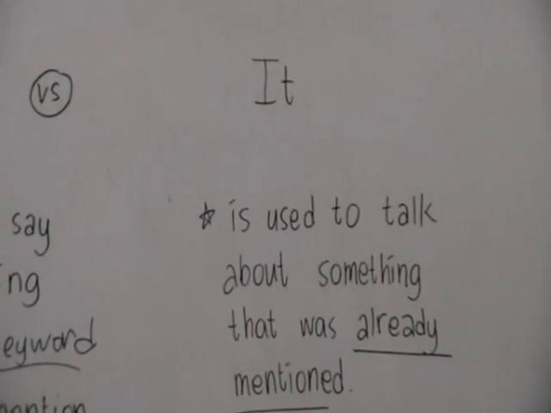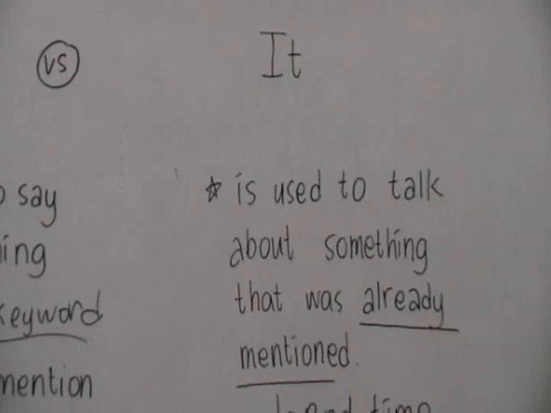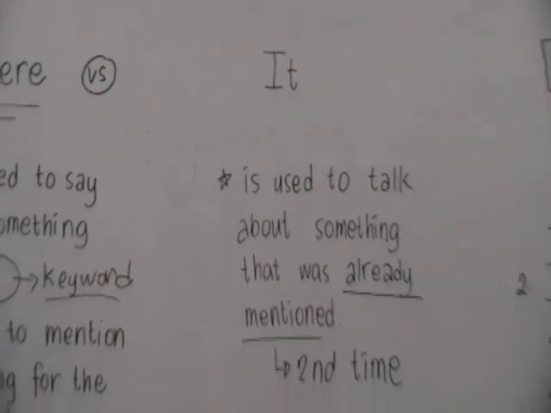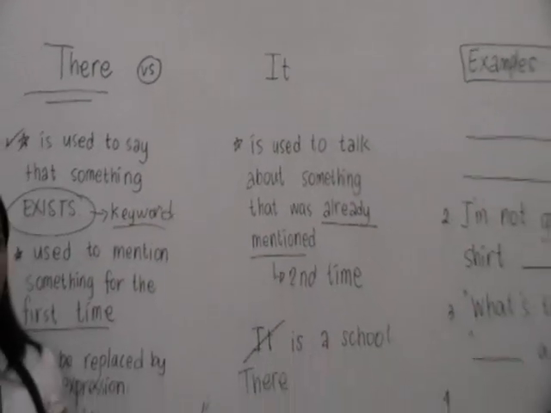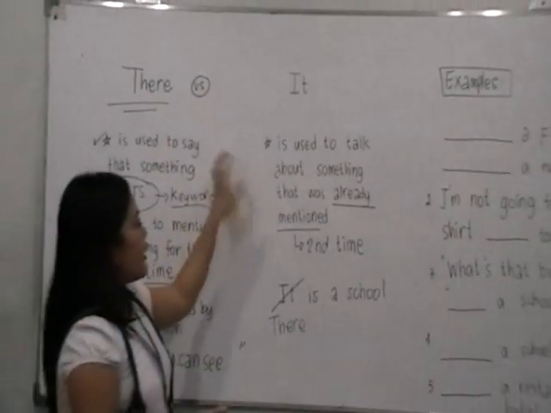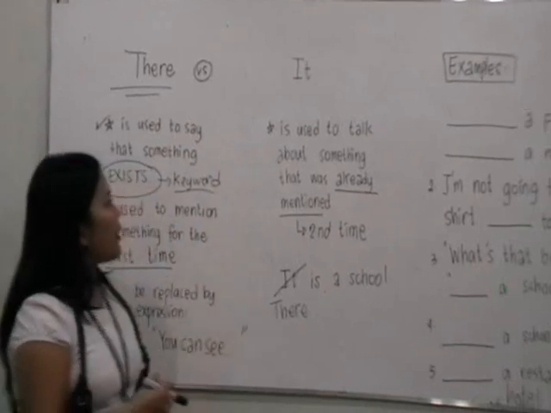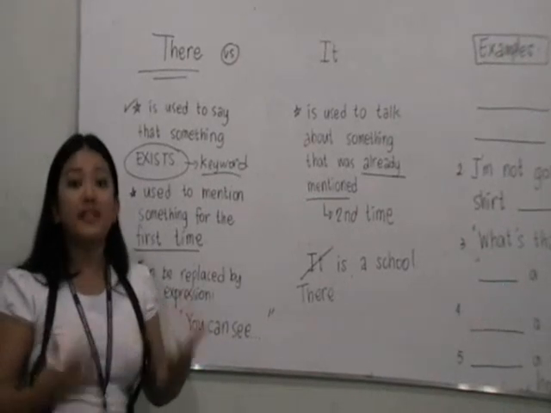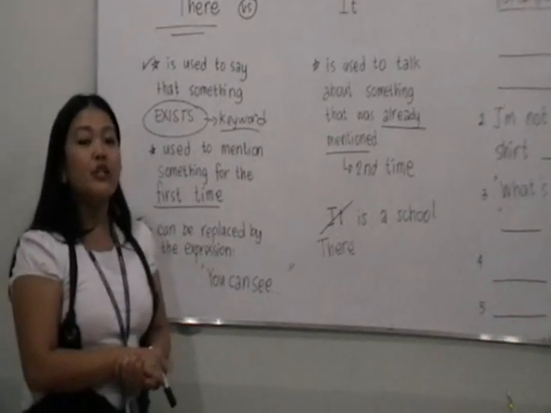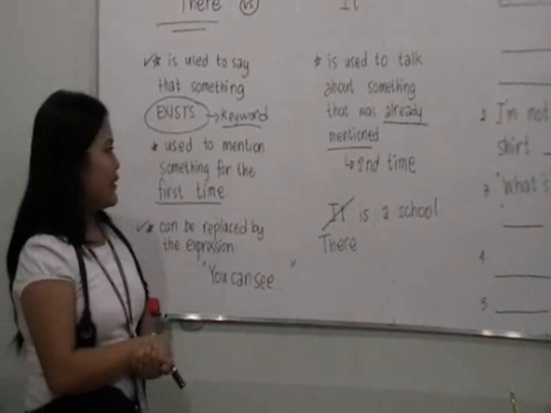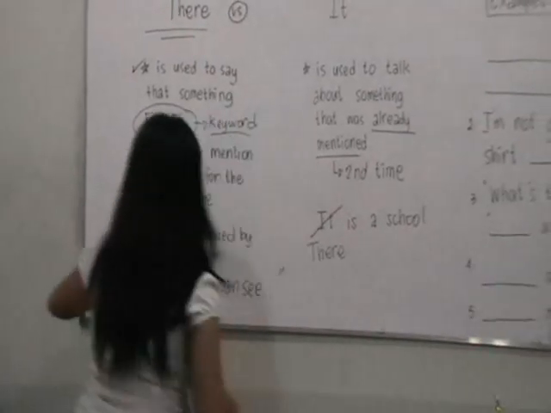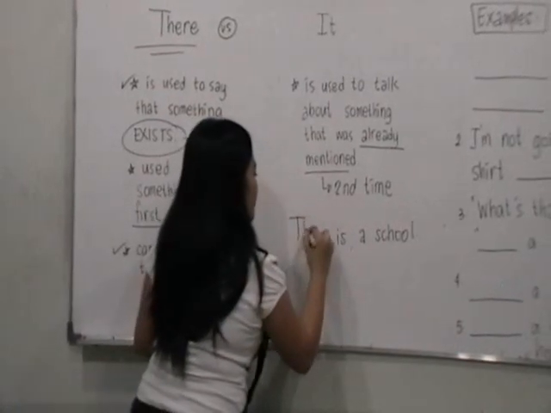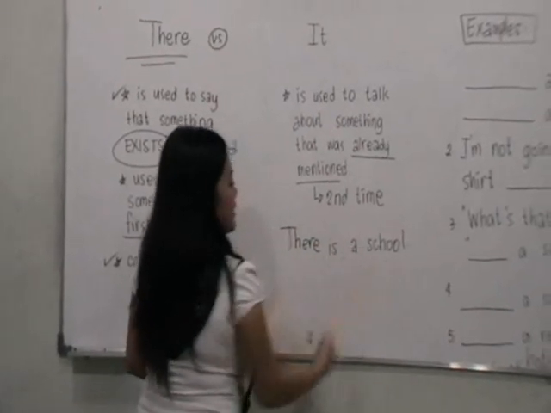We use the pronoun. It is a pronoun. A pronoun is a word that substitutes for a noun. It is used to talk about something that was already mentioned, or that has already been talked about. Like I said here, there is a school.